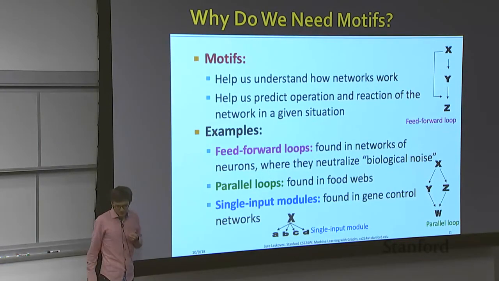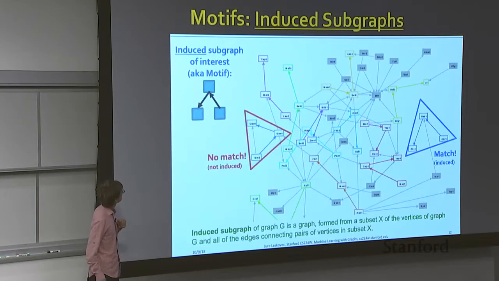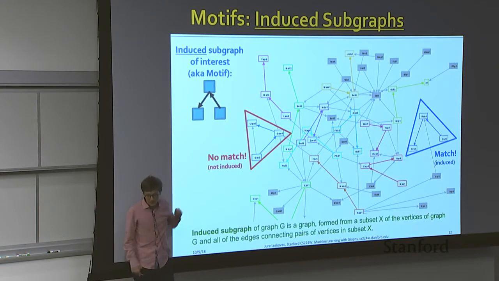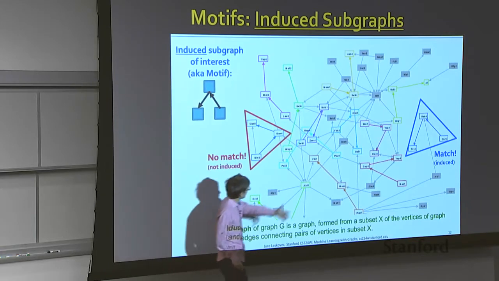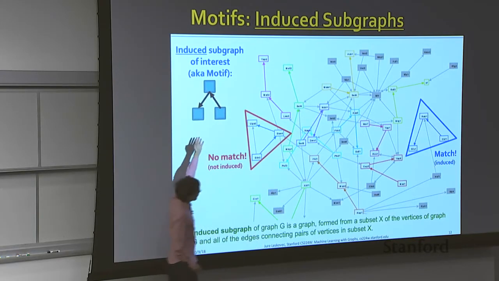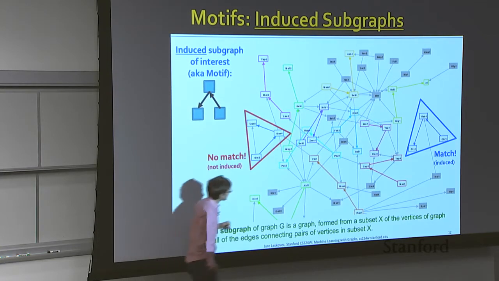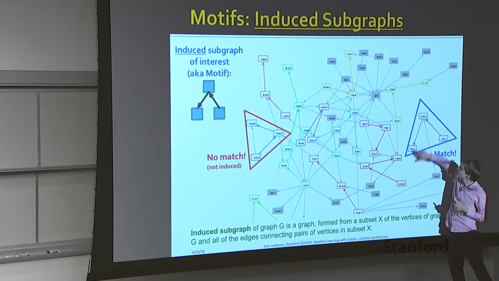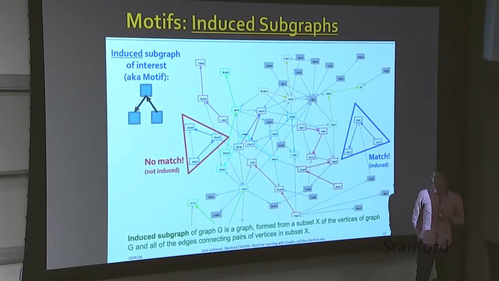So now what I want to define is this notion of an induced subgraph. We are given a motif of interest. Imagine this little graph on 3 nodes and 2 directed edges. Then if I go into my network, I want to ask, where does this type of subgraph appear? For example, here is an occurrence of this subgraph. If I take these 3 nodes, they are connected exactly in the pattern of the motif of interest.